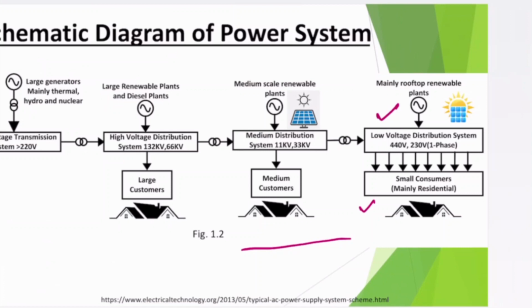This kind of integration of energy sources at different voltage levels not only enhances the efficiency of the network, but also significantly reduces the transmission and distribution losses. In the past, the generating stations used to be very far away, 100 to 500 miles away, but today many generating stations are available right next door, so the transmission and distribution losses are significantly reduced.